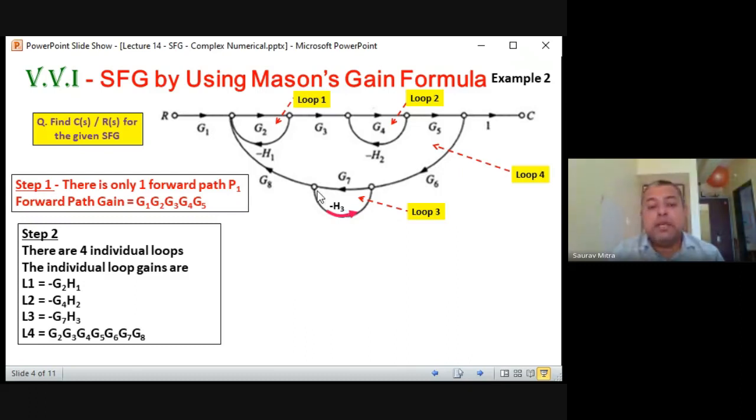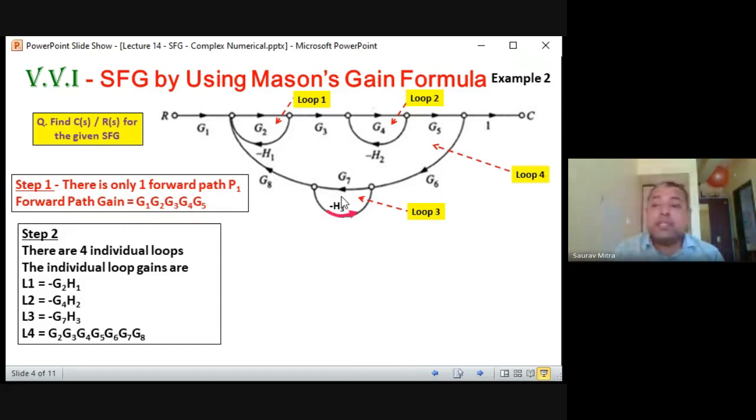This feedback path goes from left to right. So far we have seen all the feedbacks going from right to left, because the output is on the right side. This is not a feedback from the output, so this is a very special case. The forward path is G7 and the feedback path is minus H3, a negative feedback. So this is another loop.